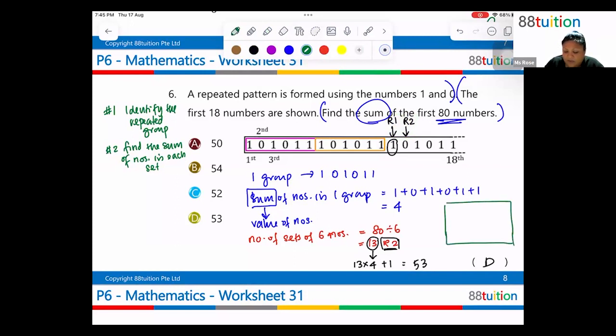Once you have 80 divided by 6, the calculator will show 13 point something. The next step is to take 13 times 6. What does it give you? 13 times 6 will give you 78. So to get the remainder, it is 80 minus 78 to give me 2. That's how you get your remainder.